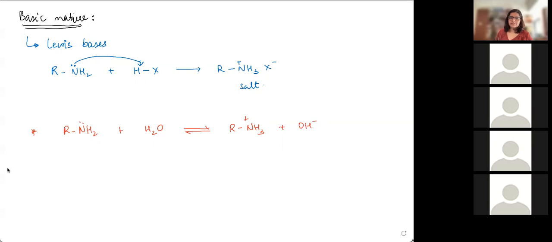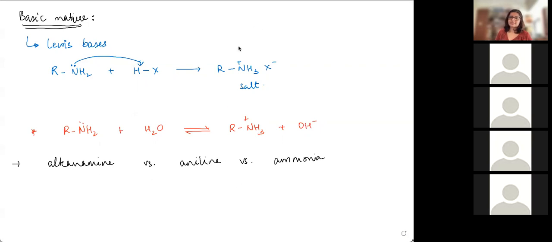Next, we had discussed basicity trends. If you were to compare an alkylamine that's aliphatic versus aniline versus ammonia, which is all hydrogen, what is the order?